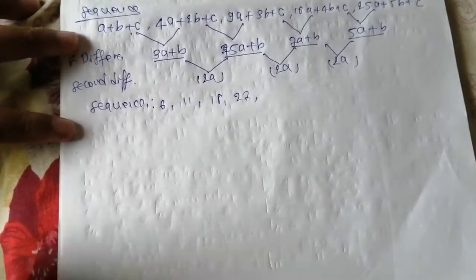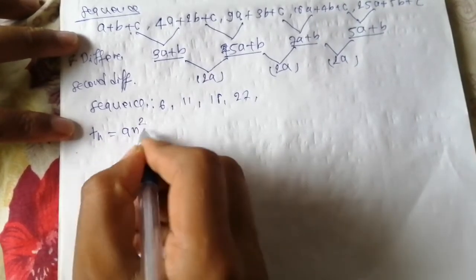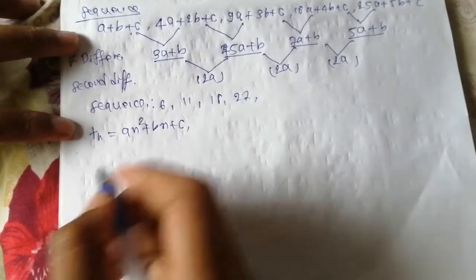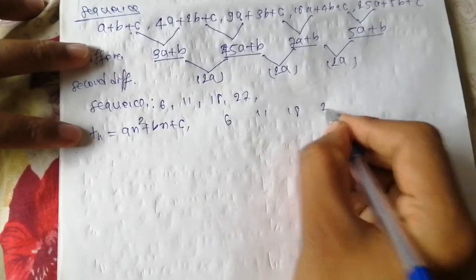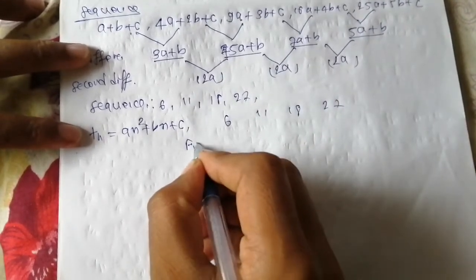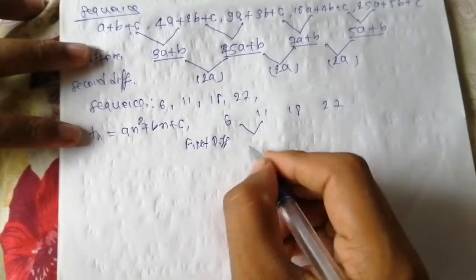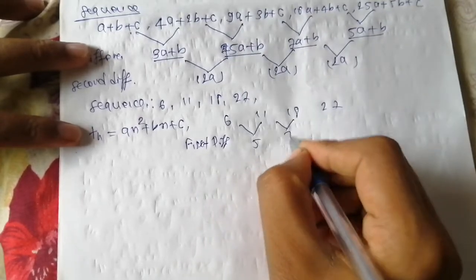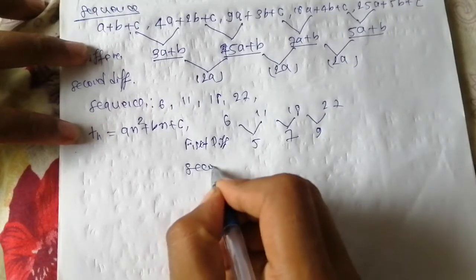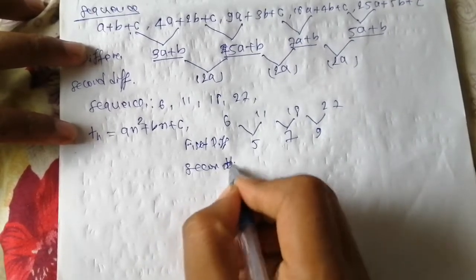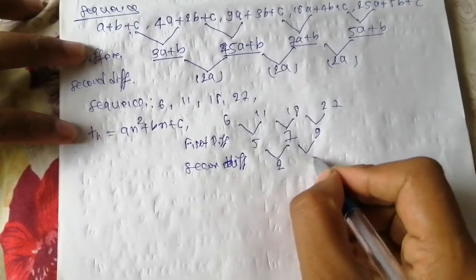For this, let the nth term be tn equal to an square plus bn plus c. So the first difference is 5, then 7, and then 9. What is the second difference? The second difference is 2, and again this is 2.